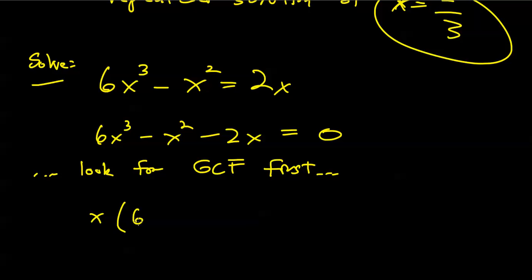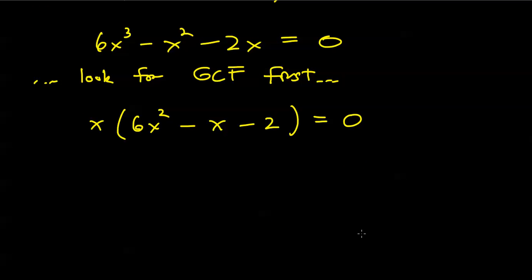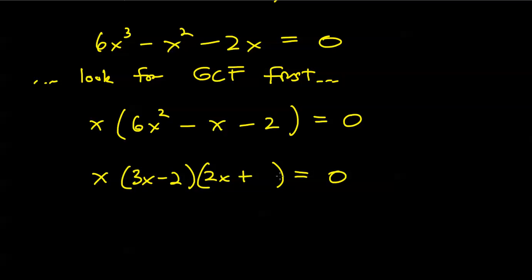And if I factor out an x first, I get 6x squared minus x minus 2 inside those parentheses. And we can keep factoring here. I think the resulting trinomial in the above step breaks down as 3x minus 2 times 2x plus 1.